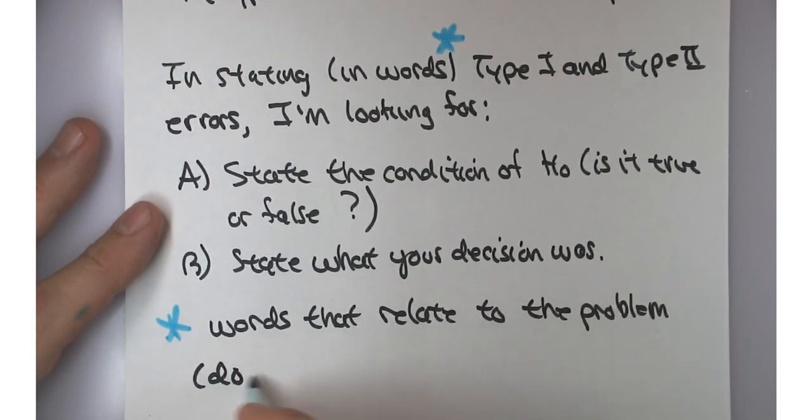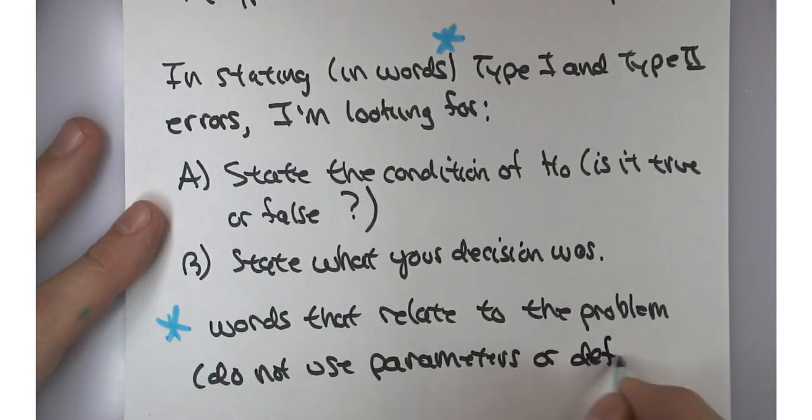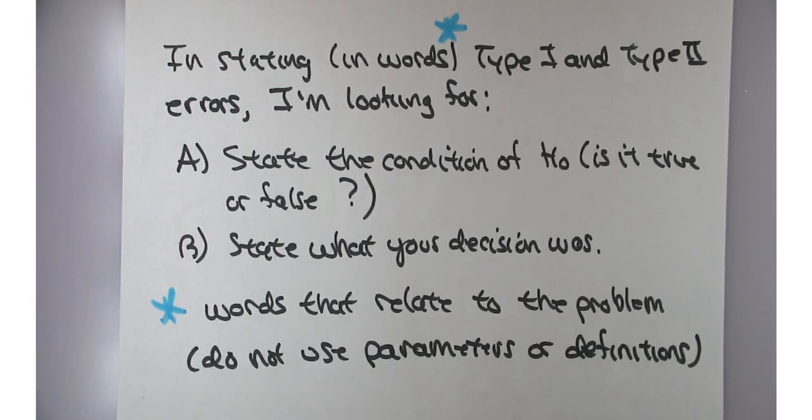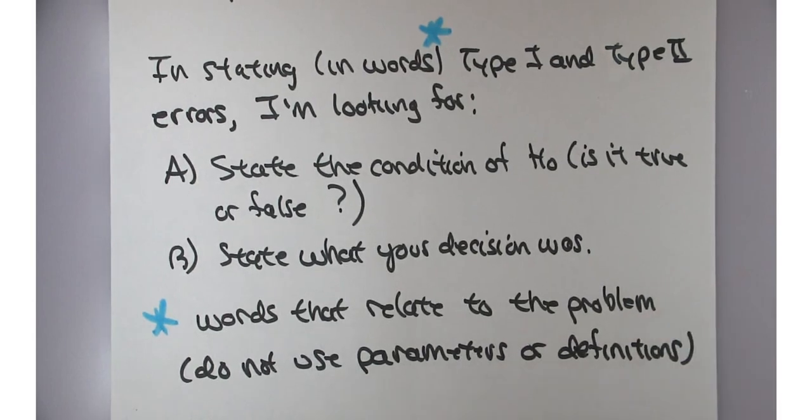Do not use parameters or definitions. I will literally give you the definition of a type 1 and type 2 error on the test. I'll just give it to you. So when I ask you these types of questions, if you give me a definition back, I'm just going to mark it wrong because I've already given you the definition. I want you to show me you can put this into words related to the problem.